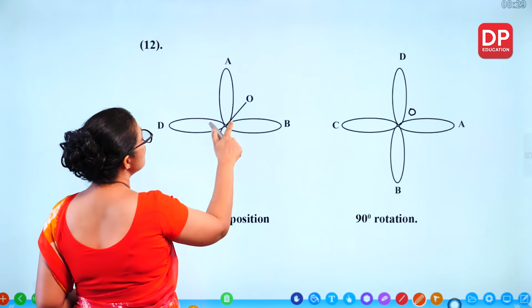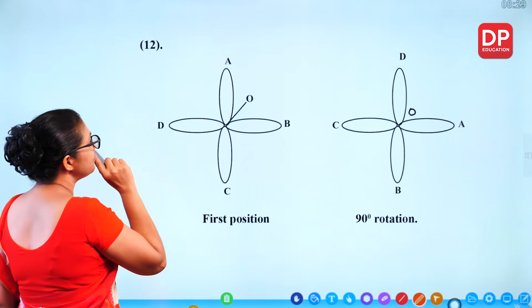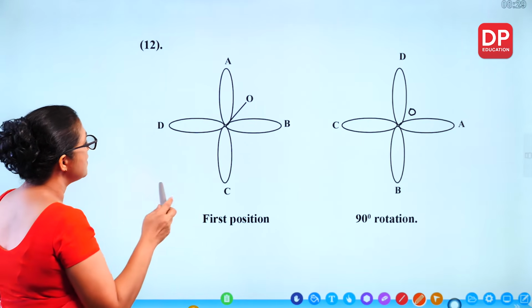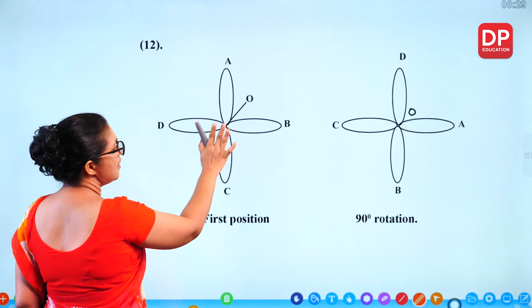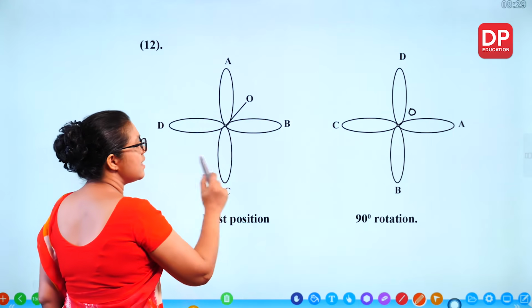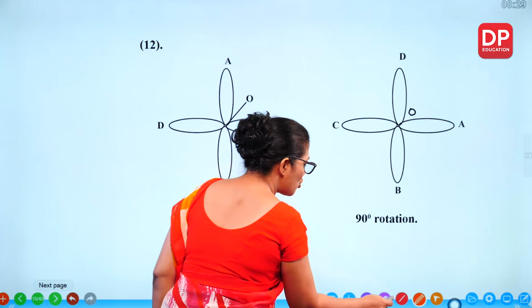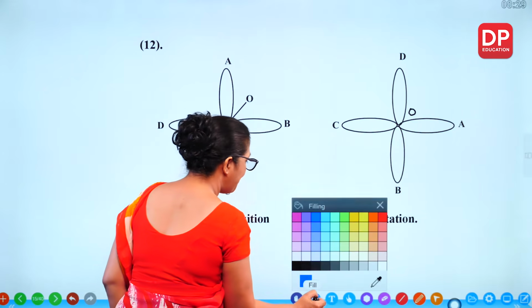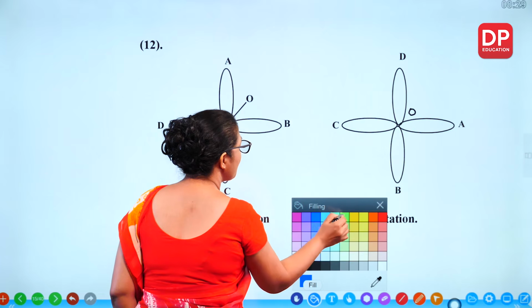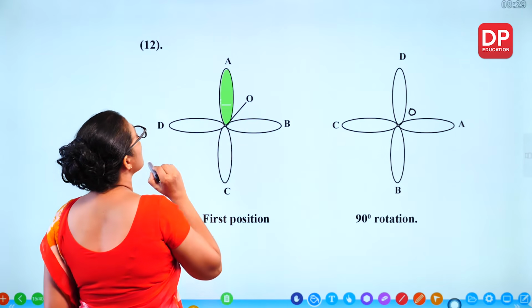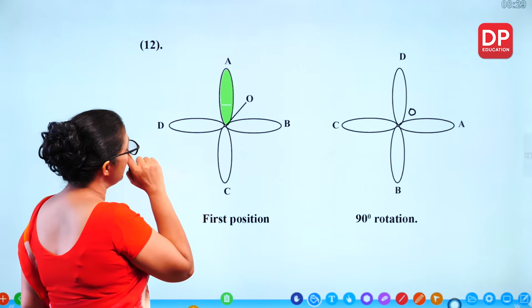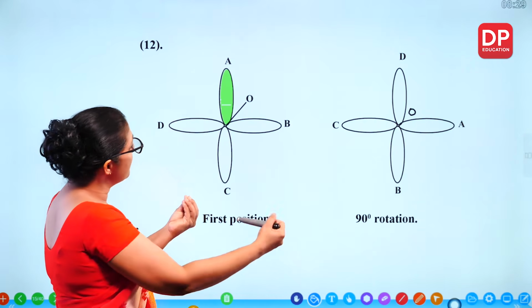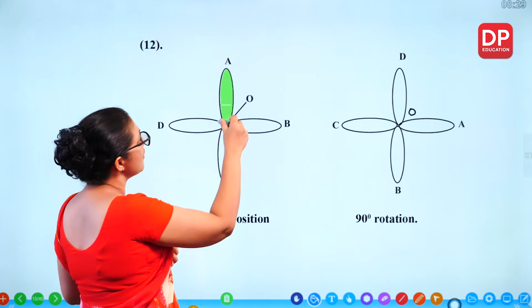Now take this one. The point is O, and A, B, C, D points are labeled. So this is the first position. Now we'll rotate 90 degrees. I want to show you with colors. This one is green color. Now when you rotate 90 degrees, what happens?